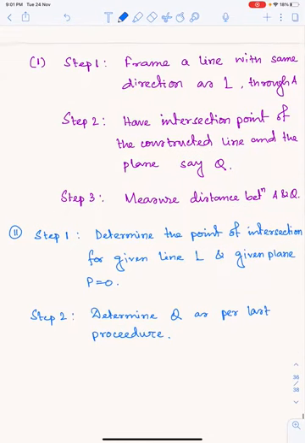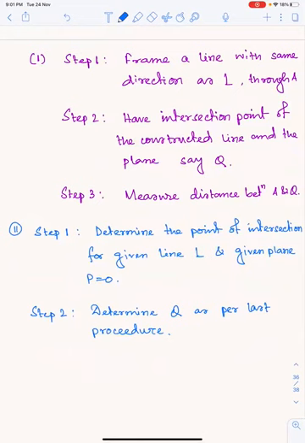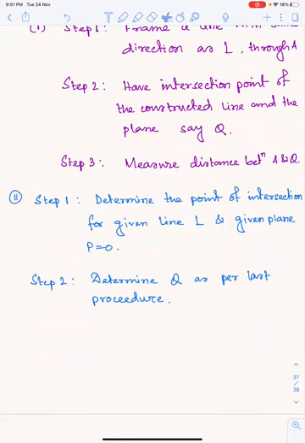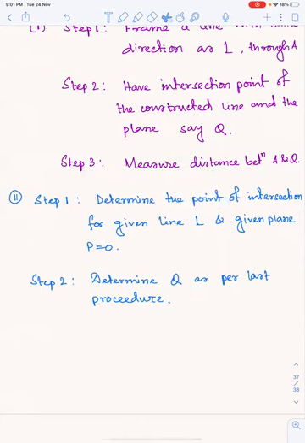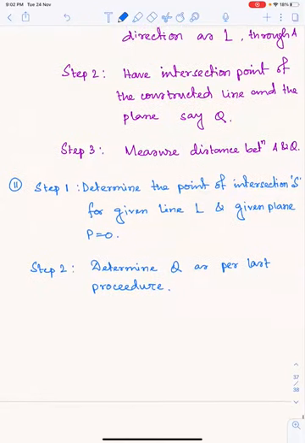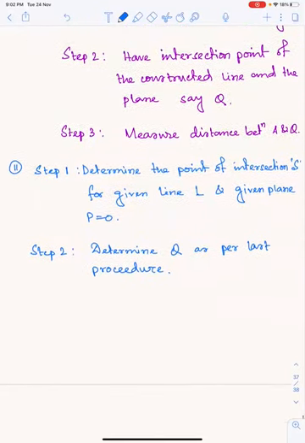That was Q. Let us mark the first point as S. So determine the point of intersection S for the given line L and the given plane P equals 0. Determine Q as per the last procedure.